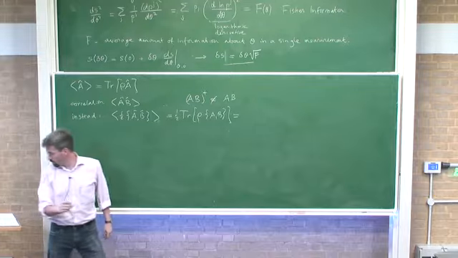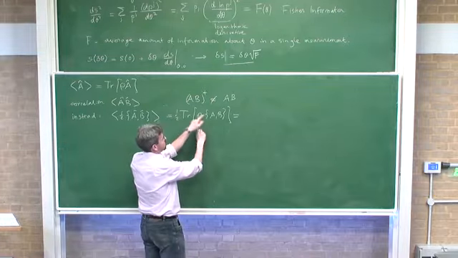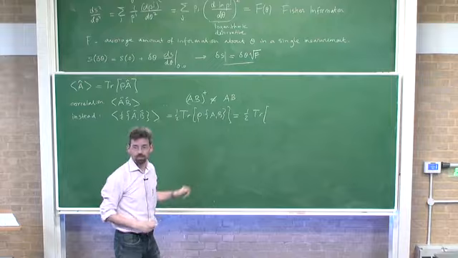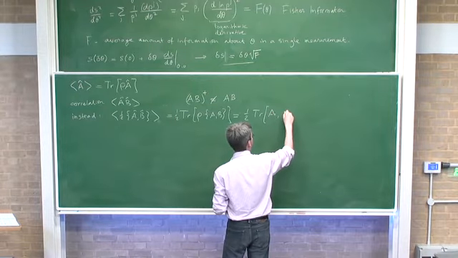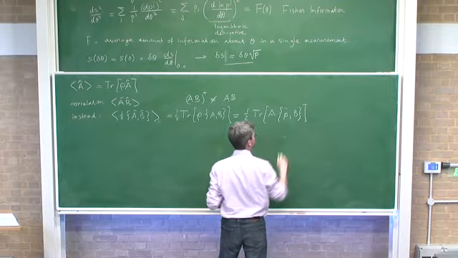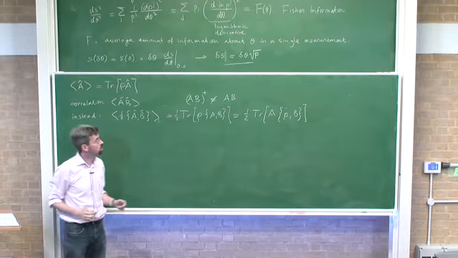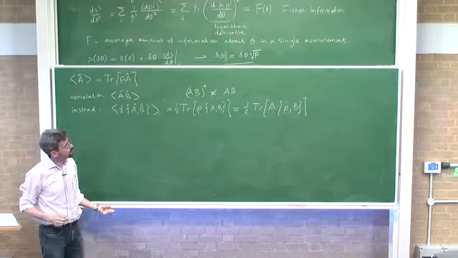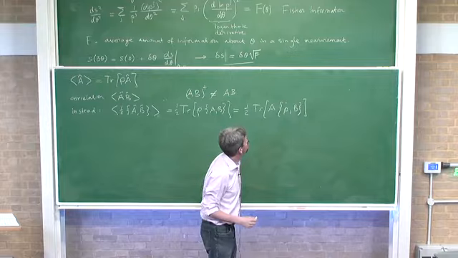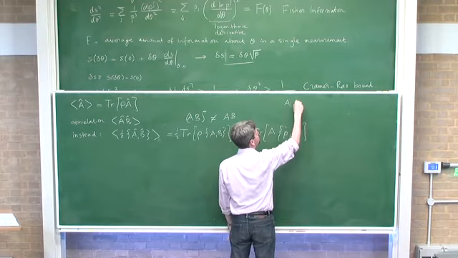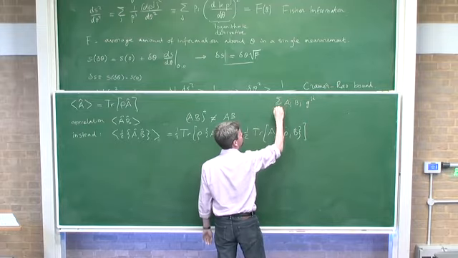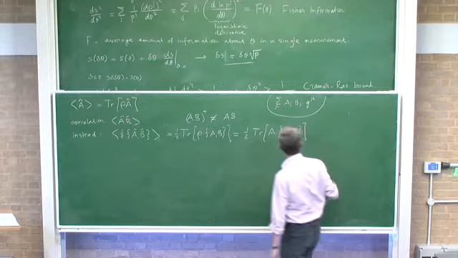So I'm going to rewrite this, by using the cyclic property of the trace, as A times the anti-commutator of rho with B. This is not difficult to show. And this is analogous to what we had before, where we had AJ, BJ, G, JK. That was the classical version.